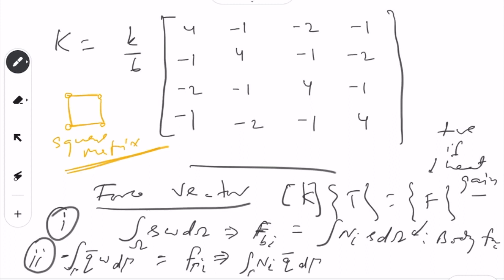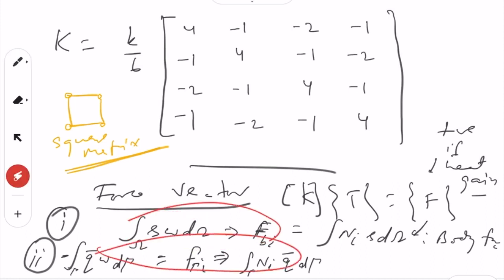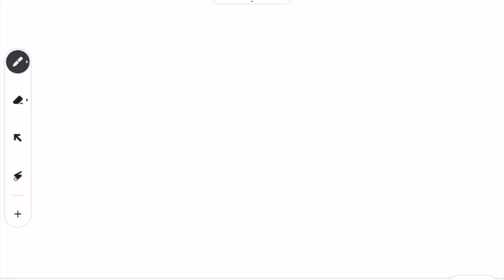Now, depending on the problem, you have to apply these things. So there may be a problem something like this one. This is very problem specific. We will take a very small example. Let's say we have one square element, say this is 1 2 3 4.